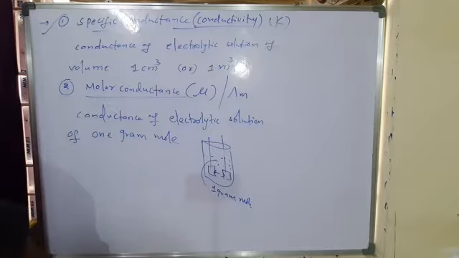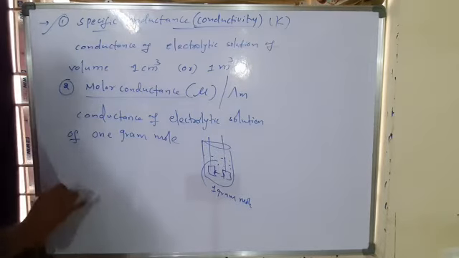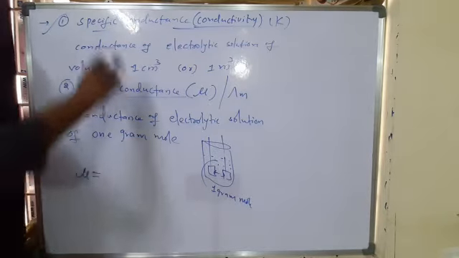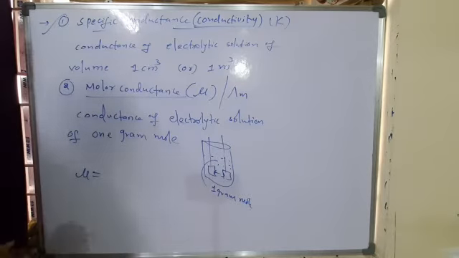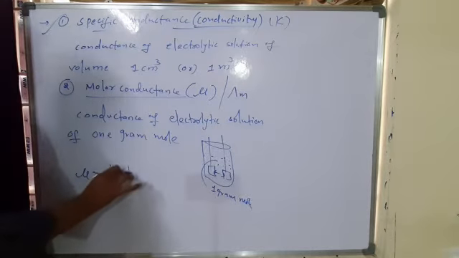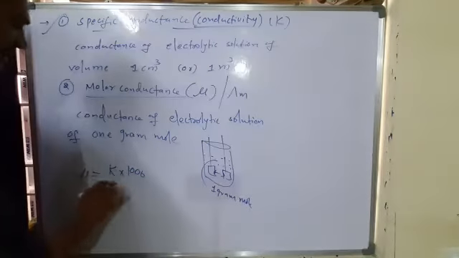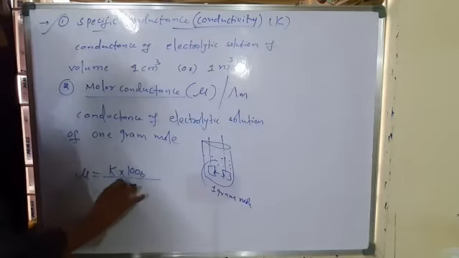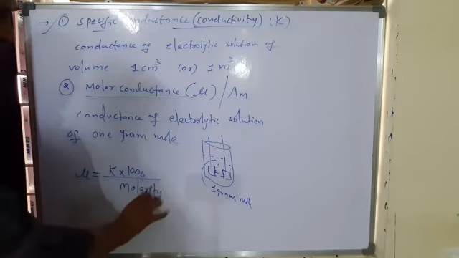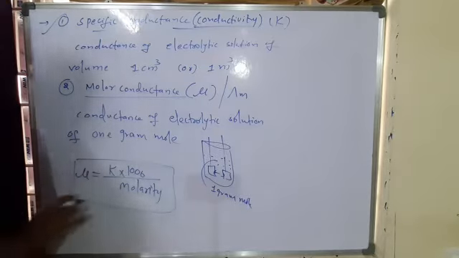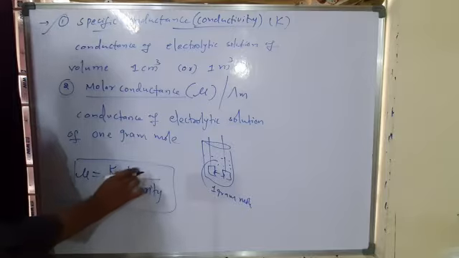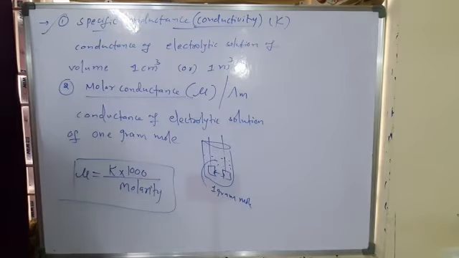Molar conductance is related to specific conductance as kappa divided by molarity, in the manner K into kappa by molarity.